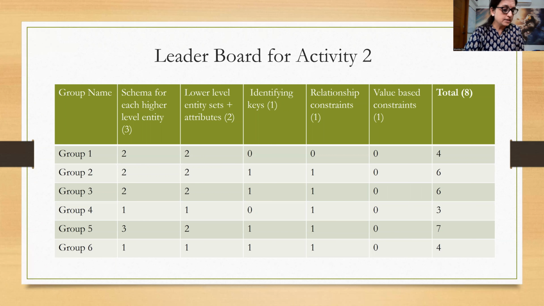So in the process, we usually observe that once they have solved both the activities, they understand that this is a progressive type of activity. And as a student, I learn how to identify entities, how to identify sets.